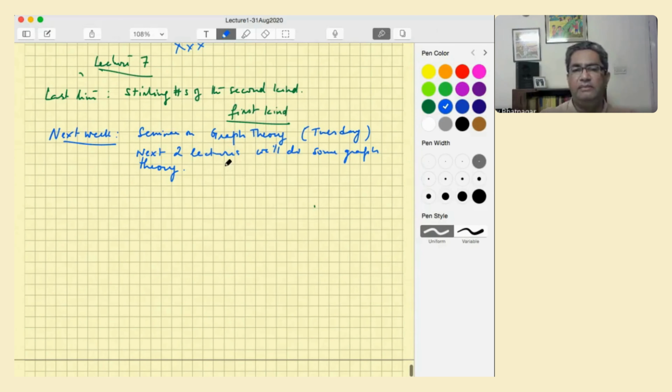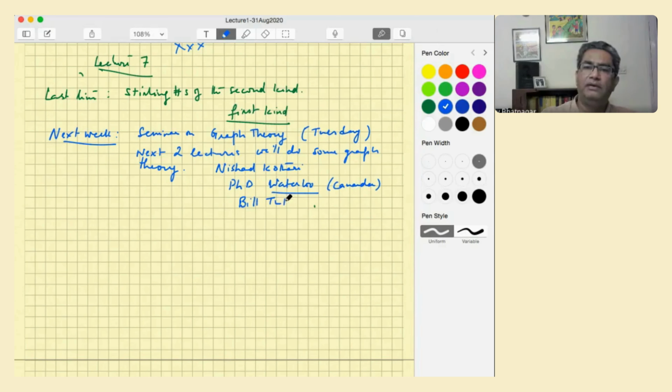So next week the seminar is really good. There's a chap called Nishad Kothari, and he did his PhD from the University of Waterloo in Canada. For many years, this was the center of graph theory because a person called Bill Tutte was here.